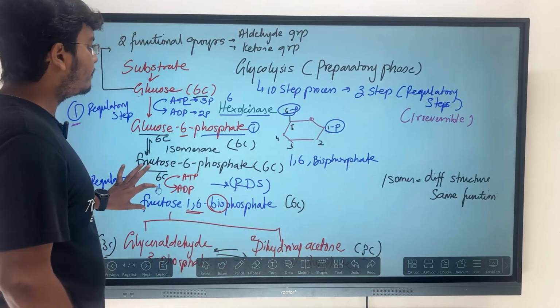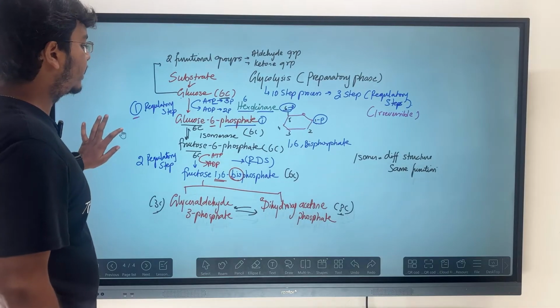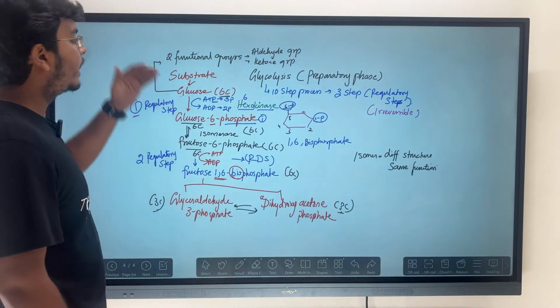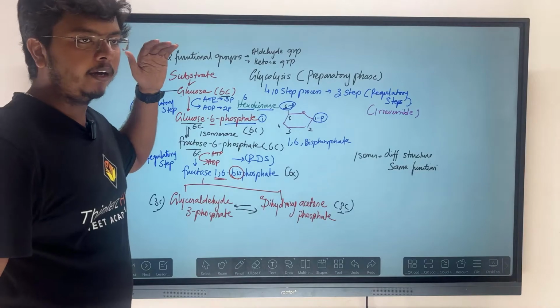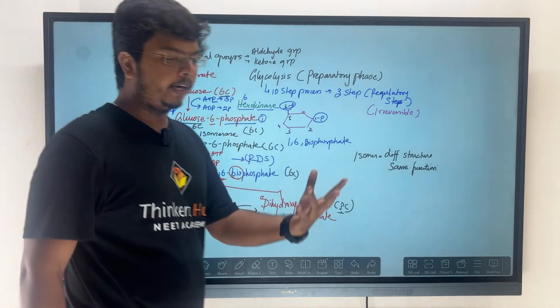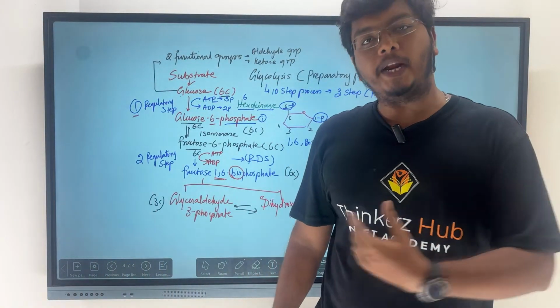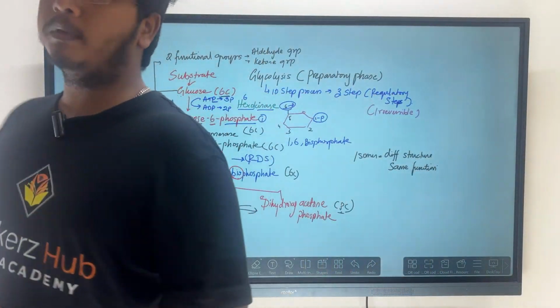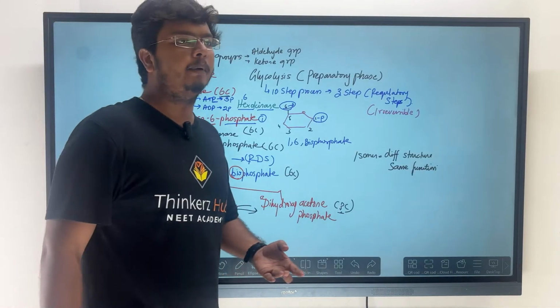So what is the complete motto of this preparatory phase? This preparatory phase's motto is to convert the glucose into a preparatory form where it is going to get broken down. Okay, so if you ask me, sir, can I directly break the glucose?